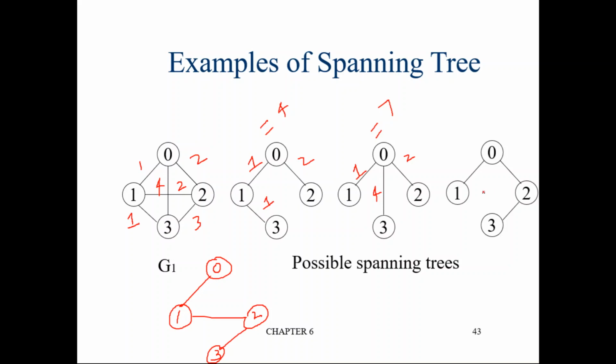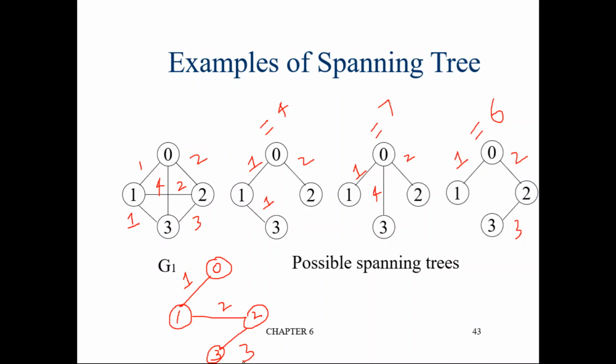If you take this spanning tree, 0 to 1 is 1, 0 to 2 is 2, 2 to 3 is 3. 3 plus 2, 5, 5 plus 1, 6. So the cost of this spanning tree is 6. If you take this spanning tree, 0 to 1 is 1, 1 to 2 is 2, 2 to 3 is 3.